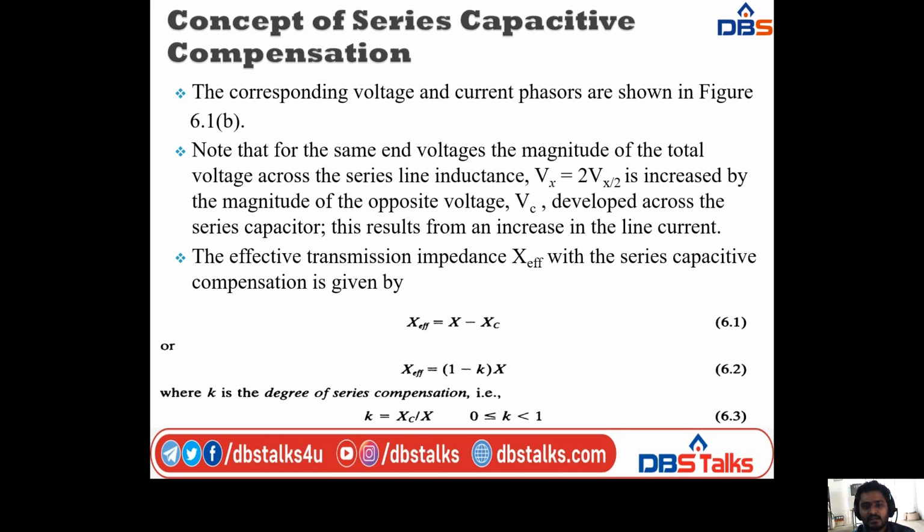So we have the equation Vx is equal to 2 into Vx by 2 increased by the magnitude of the opposite voltage Vc, developed across the series capacitor. This results from an increase in the line current.